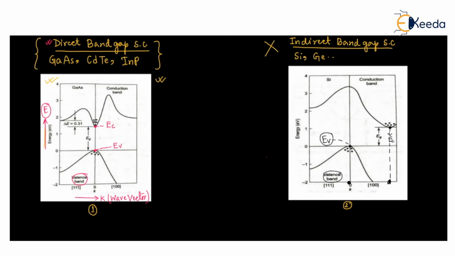The practical E-K diagram of a direct band gap semiconductor looks like this. This is an approximate picture. Actually, the picture of the E-K diagram of a direct band gap semiconductor looks like this. This is the practical or original picture of the E-K band diagram for a direct band gap semiconductor.